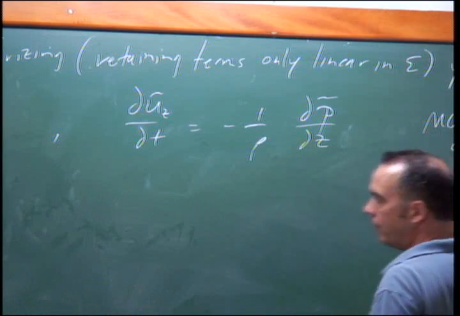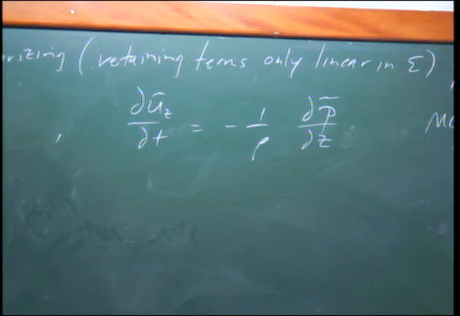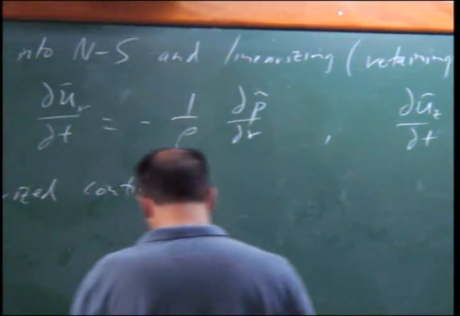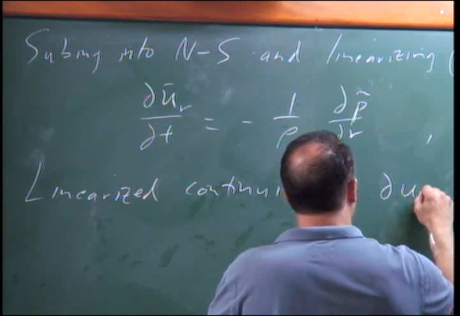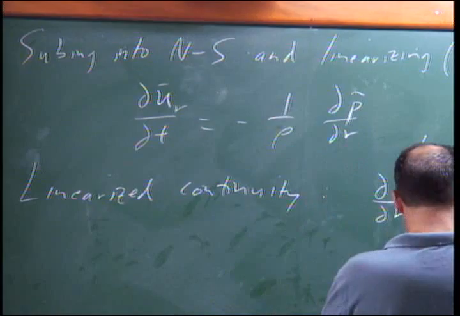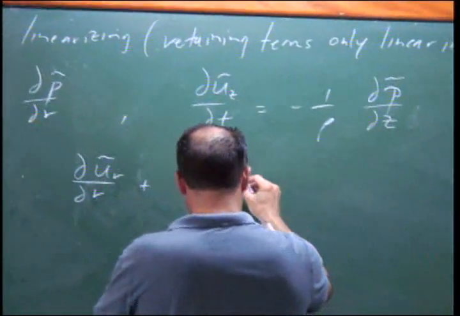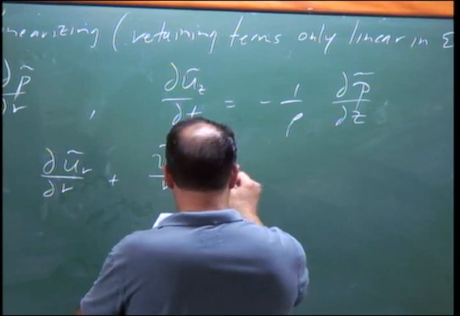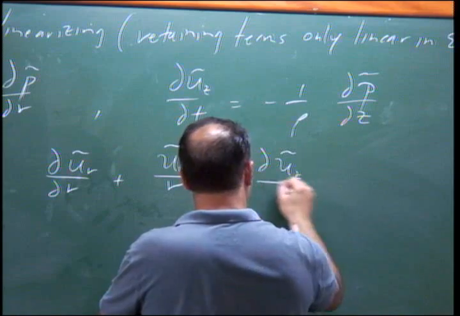And we also have continuity. So that's div u is equal to 0, which in cylindrical coordinates takes this form.